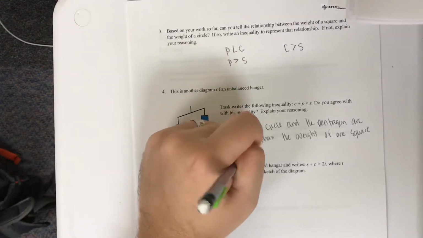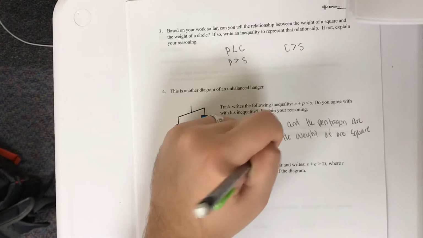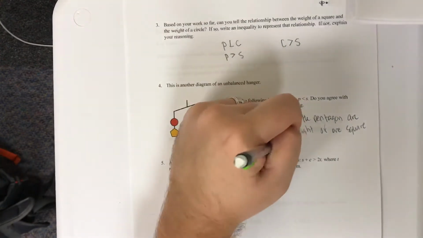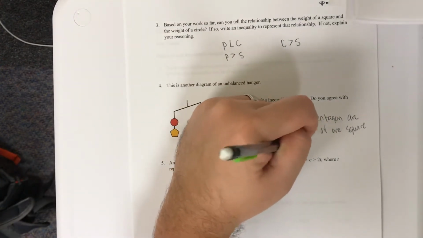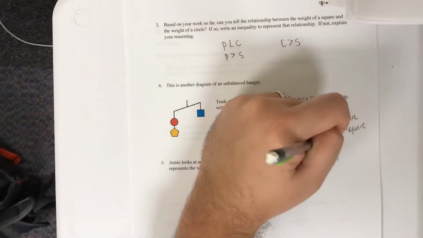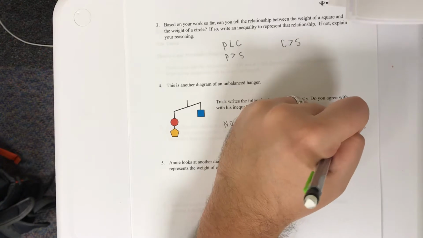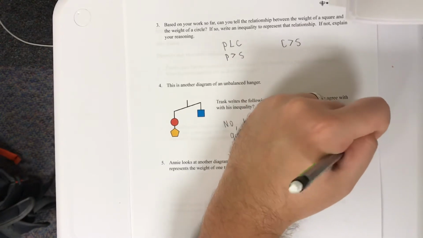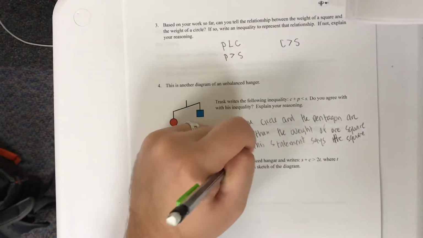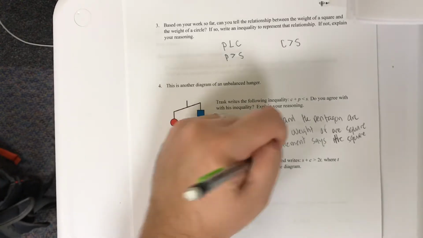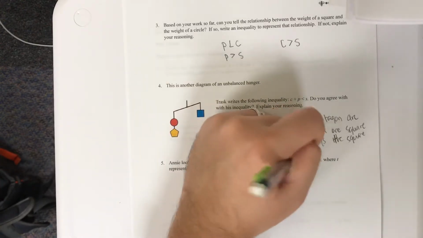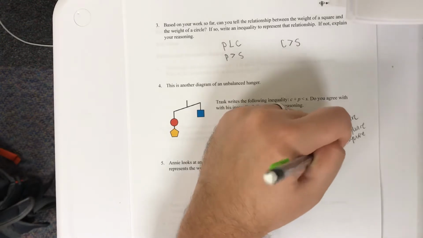And this statement says the square is greater than the circle plus the pentagon.